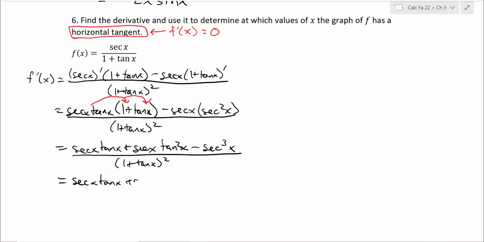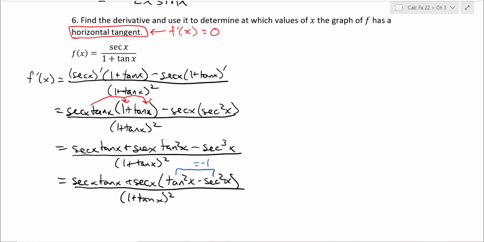So if we factor out a secant x from those second two terms, we're left with a tan squared x minus secant squared x, which if you manipulate your Pythagorean identity with tangent and secant, is going to give you a negative 1. And that whole thing, before we do that, is still over 1 plus tan x quantity squared.